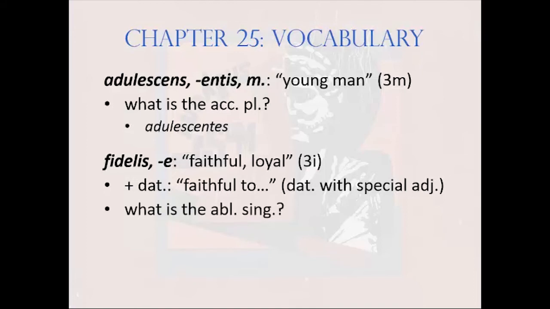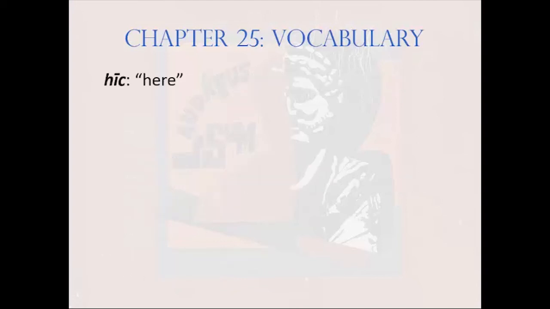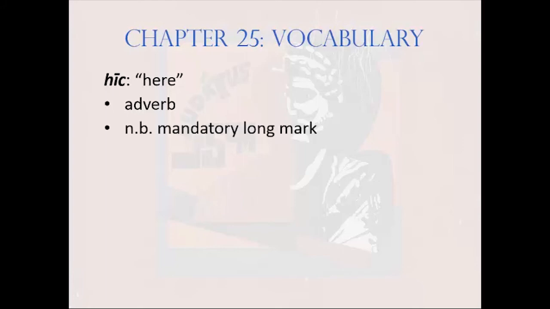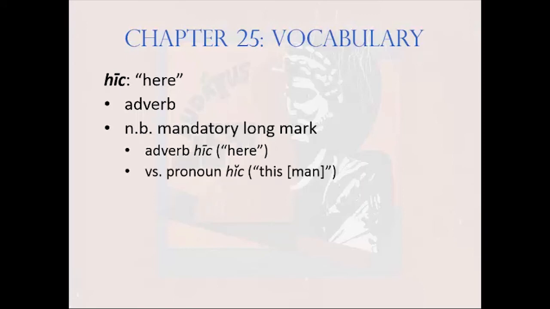Hint, it's i stem. Good, fideli. And its neuter accusative plural? Yeah, fidelia. And here's an easy word, hic, meaning here, an adverb, so it doesn't change form. One thing to note, however, is the mandatory long mark over the i. That distinguishes here, hic, from this man, hic.